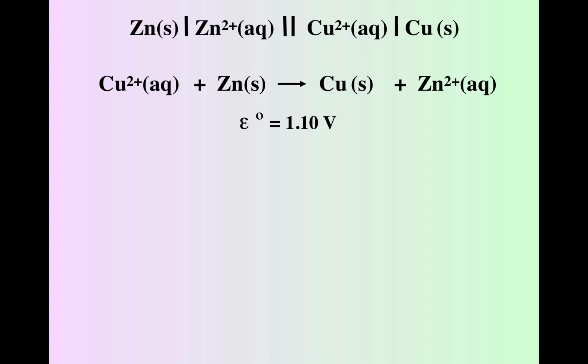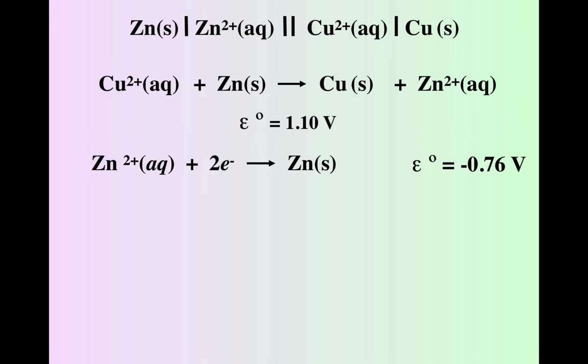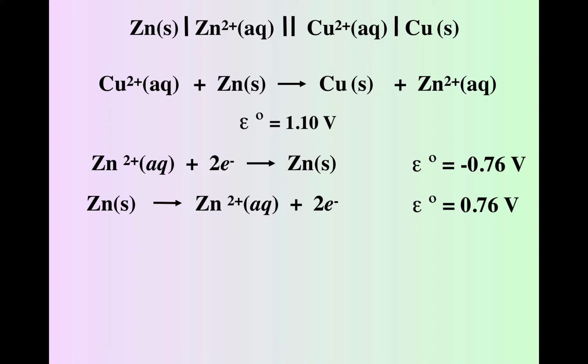In this cell, it's copper 2 plus that is acting as the oxidizing agent, that's being reduced, and it's zinc that's being oxidized. So we take the reduction potential for zinc 2 plus, we turn it around and turn it into an oxidation potential, and that means changing the sign, right? So zinc metal losing electrons to become zinc 2 plus generates positive 0.76 volts.